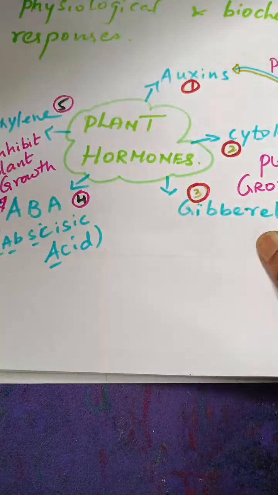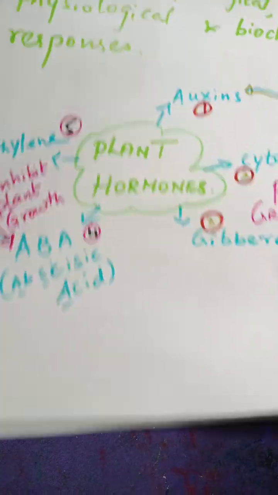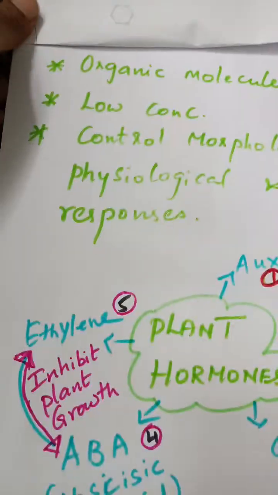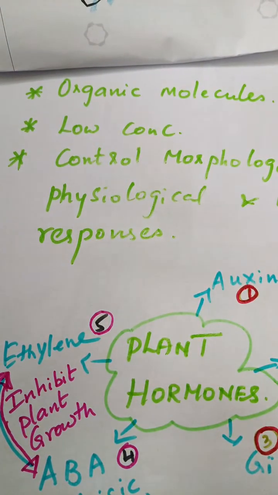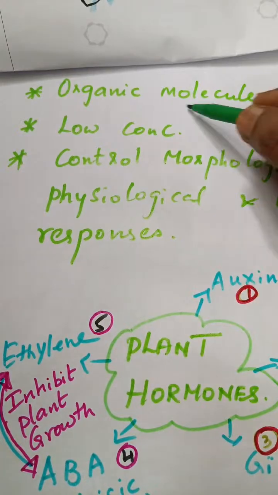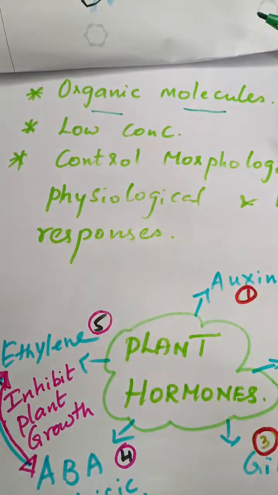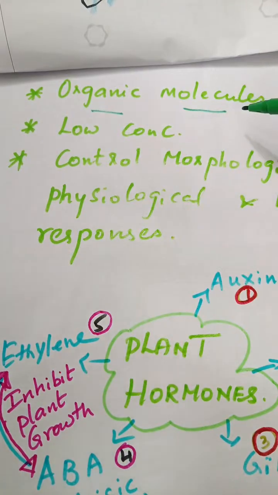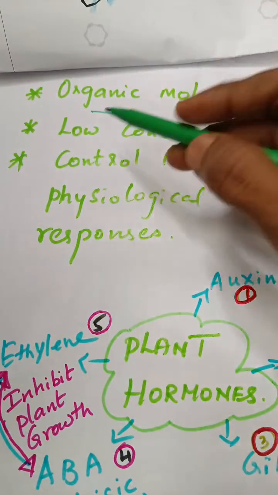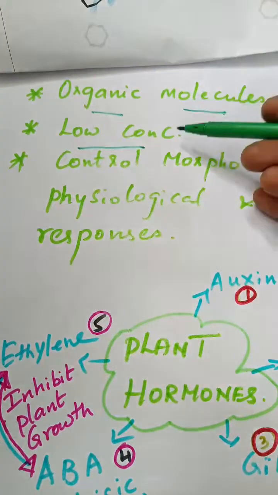Now in this session we are going to see the functions of the hormones. These hormones are organic molecules, because they are produced in the living organism, the plant. Hormones in plants are organic molecules, and they are produced only in low concentration.